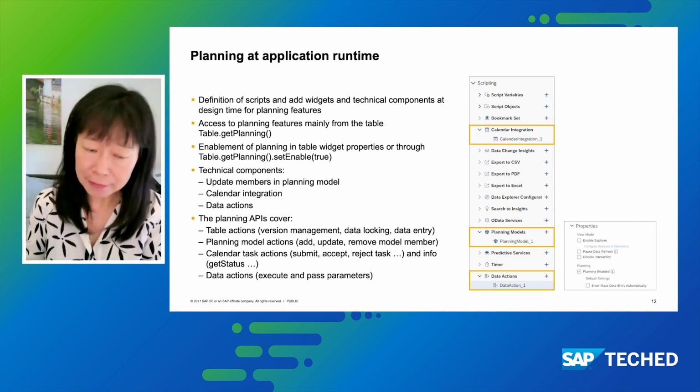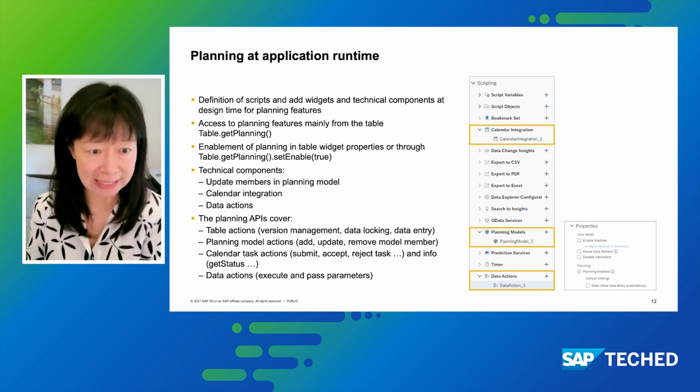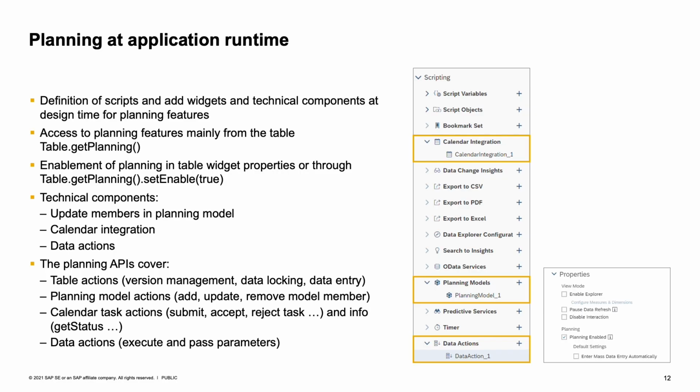We provide different script APIs and technical components to enable you to expose these planning functionalities. So first, we provide the table actions script APIs. That means using these script APIs, you can trigger the table actions like version management and data locking. And we provide planning model actions like add, update, remove the member for the planning model.